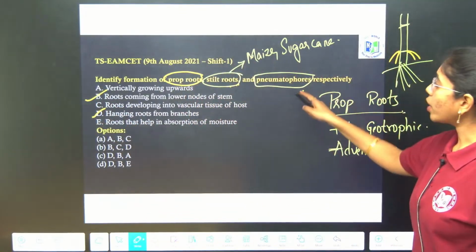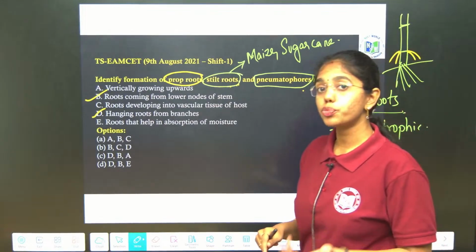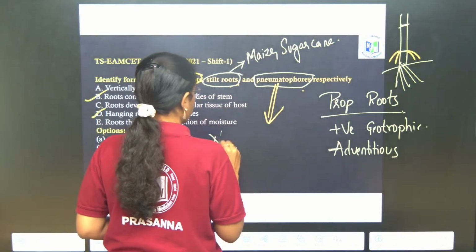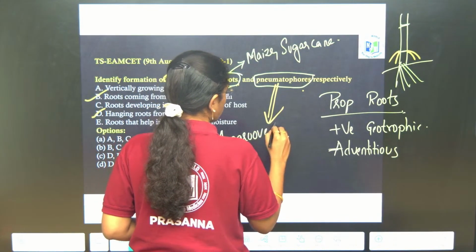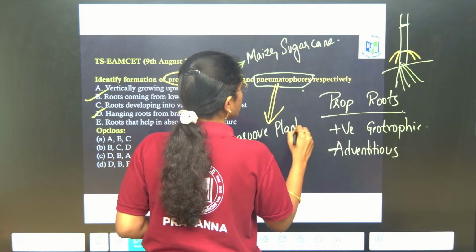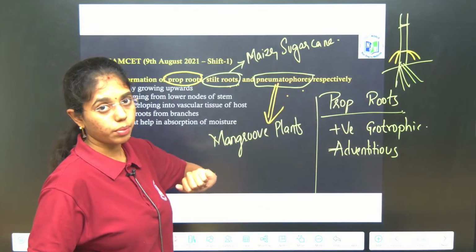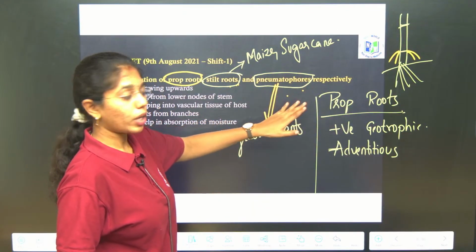Next, pneumatophores, which are also called breathing roots or respiratory roots. These are observed in mangrove plants. Many times questions are asked on the breathing roots. You can see other EAPCET previous year questions also, which are mainly asked on pneumatophores.